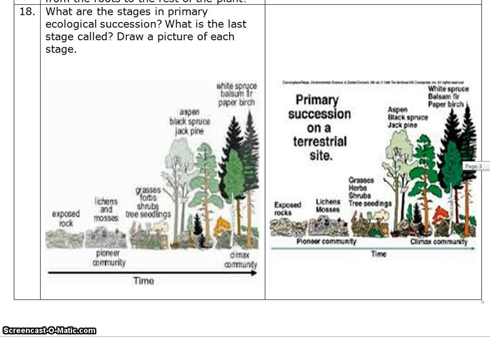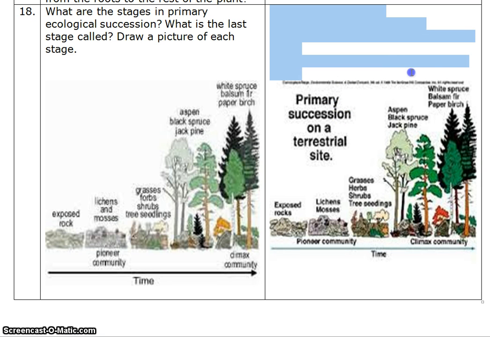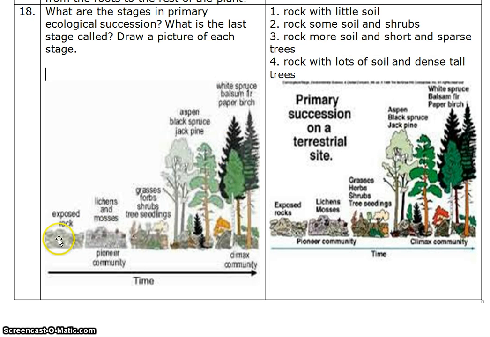Okay, the stages in primary succession. We had a workshop on this. Here's the stages. And here's a couple of different drawings of these.